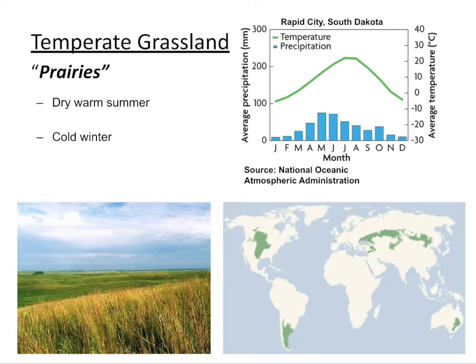Also, through Europe, Ukraine and Russia, Southern Africa, and the southern part of South America as well, have these temperate grasslands.